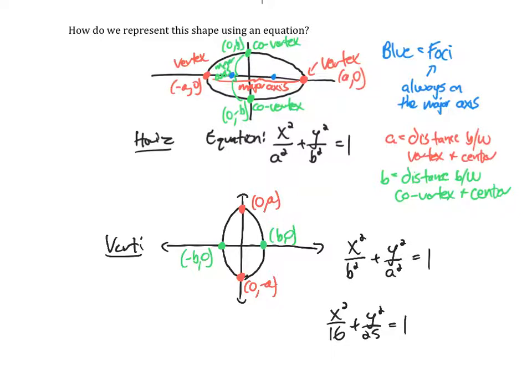Since a always represents the distance from the center to the longer part of the ellipse, a always needs to be the larger number. So wherever the larger value is underneath, in this case 25 is larger than 16 and is underneath the y, that tells you this is a vertical ellipse, and the a value would be 5. So you're going to know it's vertical or horizontal depending on which number is greater.